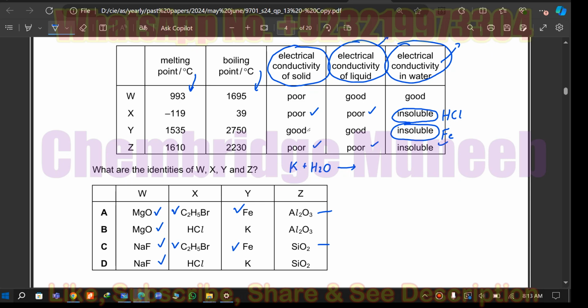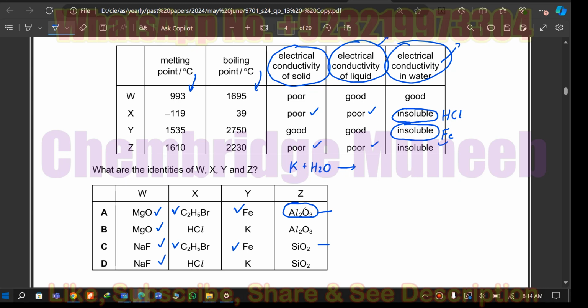Moreover, we know that electrical conductivity in solid is poor for ionic compounds.